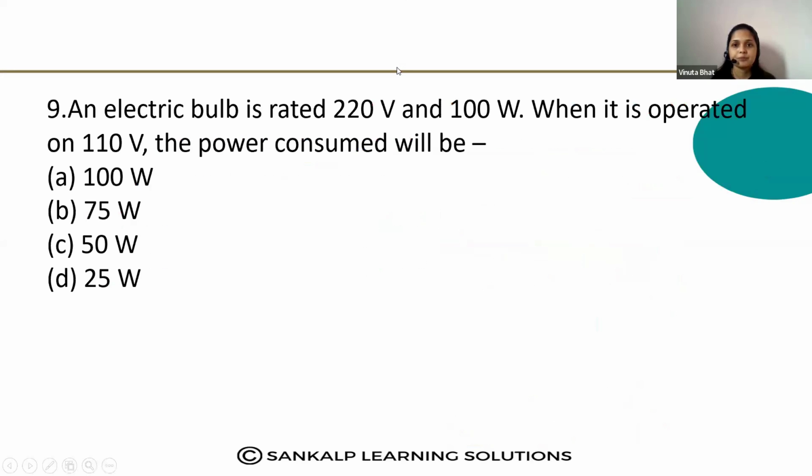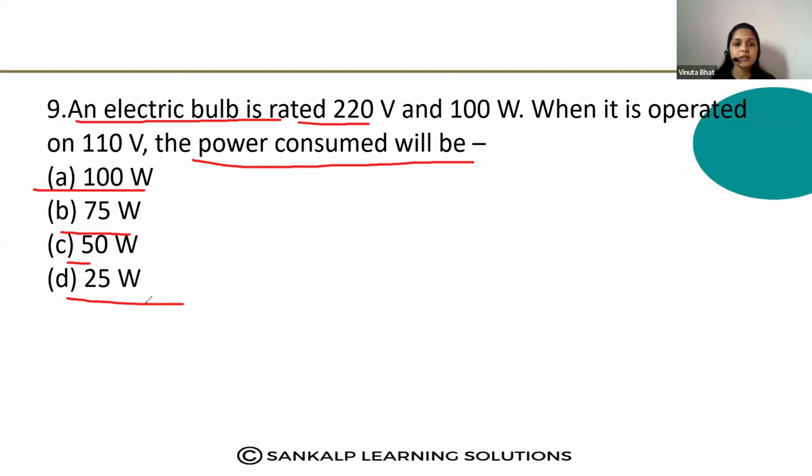Next question. An electric bulb is rated 220 volt and 100 watt. When it is operated on 110 volt, the power consumed is? We have to find out the power consumed. Option A 100 watt, option B 75 watt, option C 50 watt, and option D 25 watt.